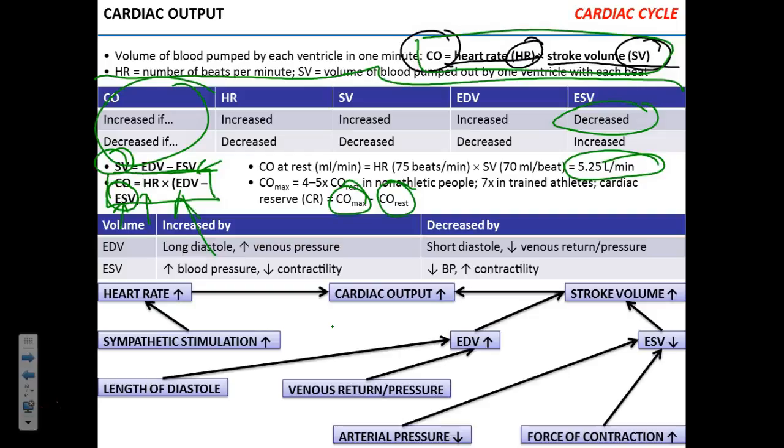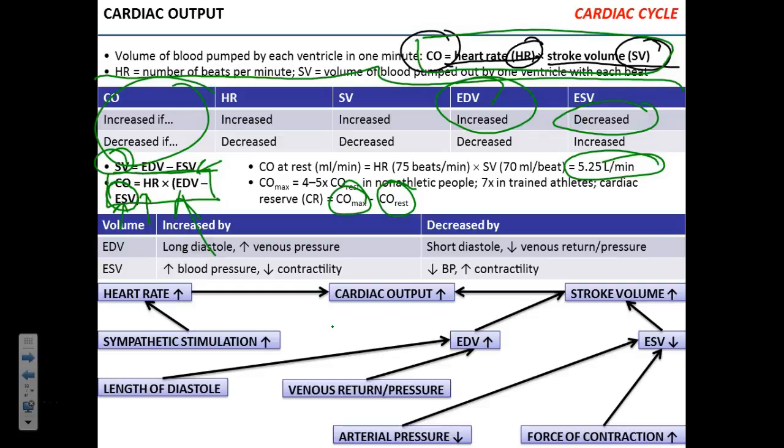Okay? So when you exercise, blood rushes back into the heart at a higher rate. So your heart, in a given amount of time, will receive more blood, and that will increase end diastolic volume. Does that make sense? Okay?